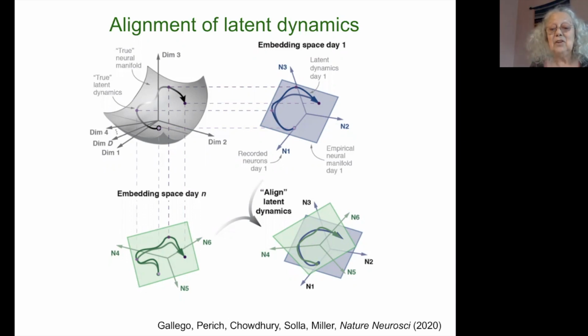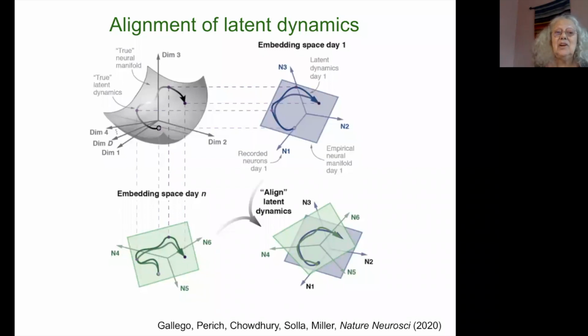And in this method that we use to try to measure the neural activity, which is these empirical neural spaces in which we measure of the order of 100 or 1,000 neurons, we are projecting the true neural activity onto these empirical neural spaces that are lower dimensional.